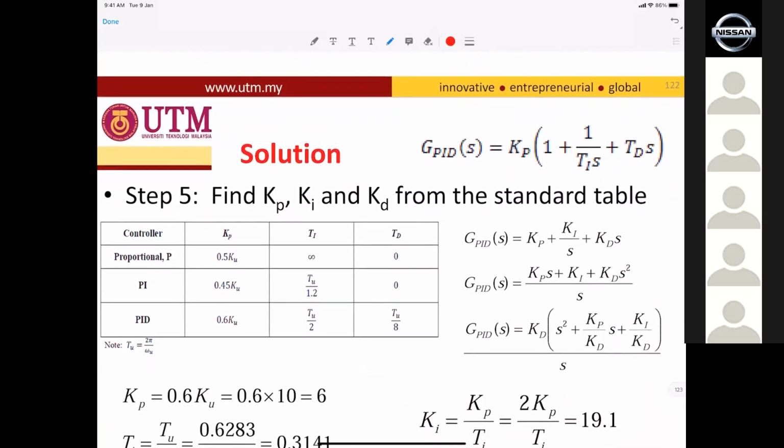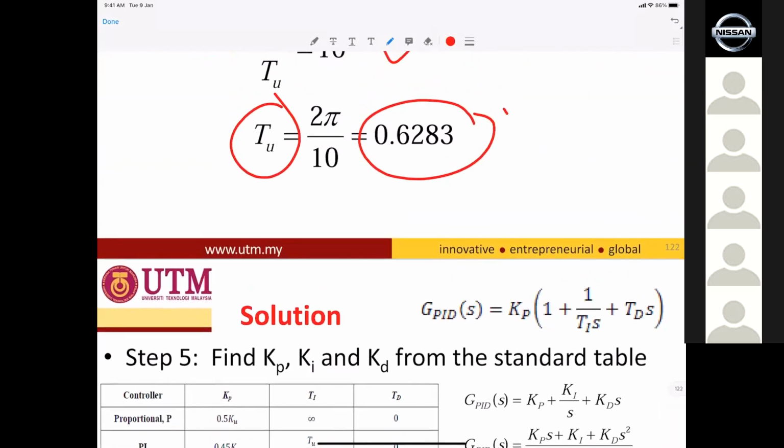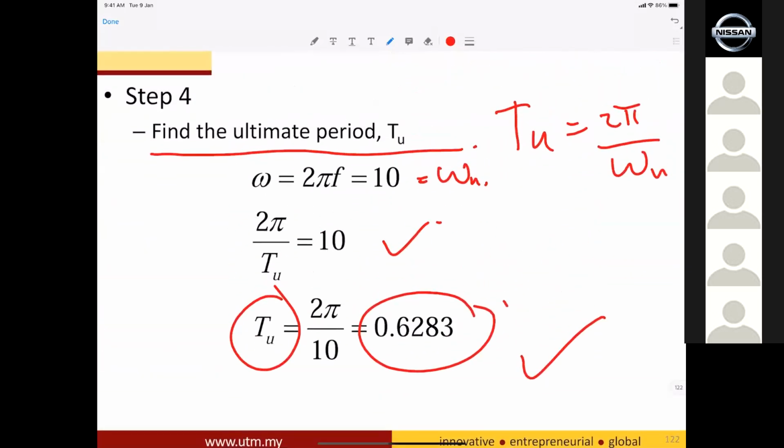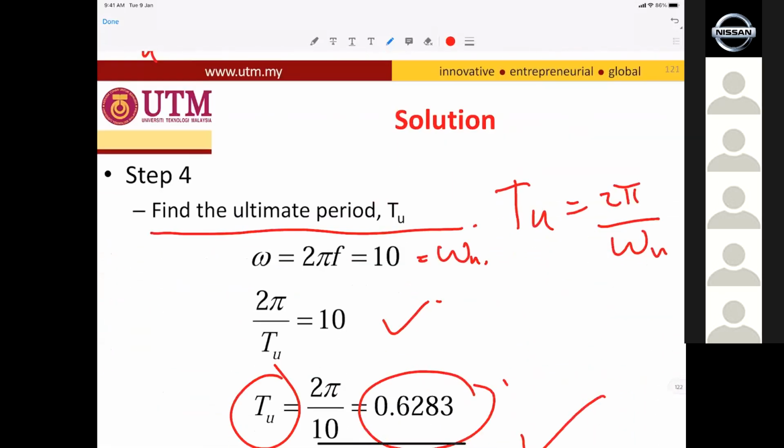Then you use the tables here for PID: 0.6 KU, TU divided by 2, and TU divided by 8. The values that you get here, TU and KU, KU is this value 10.